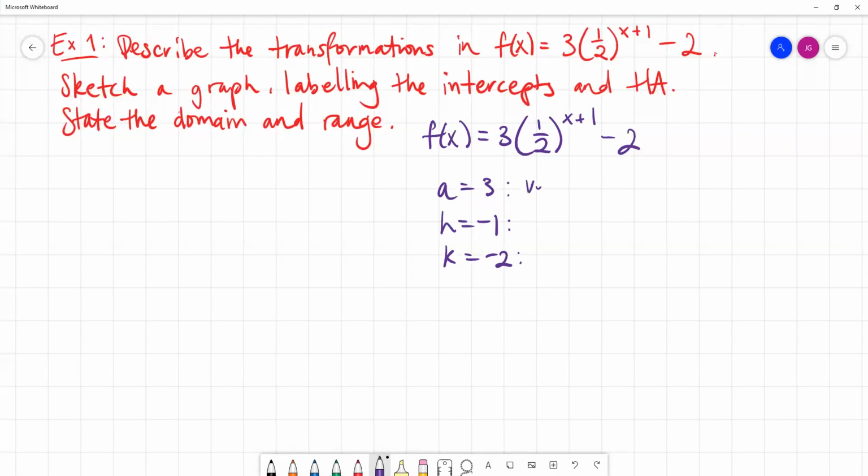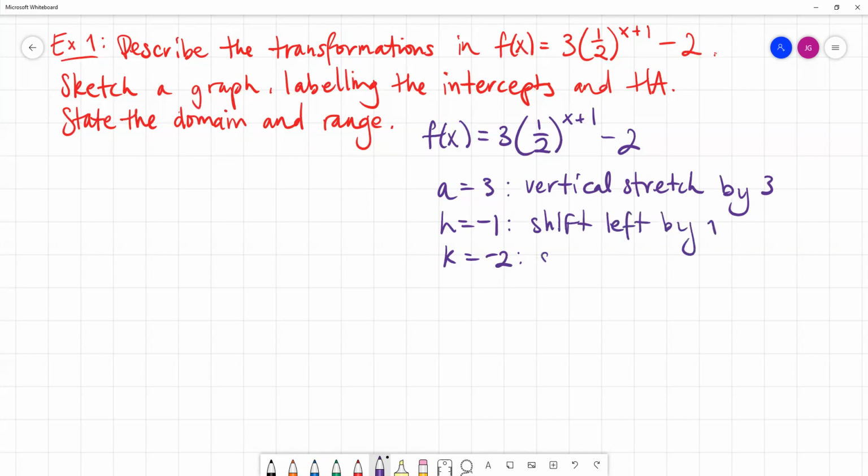A equals 3, that's a vertical stretch by 3. -1, that is a shift to the left by 1 because it's negative. And then shift down by 2. We know our horizontal asymptote is our k, so y is equal to -2.